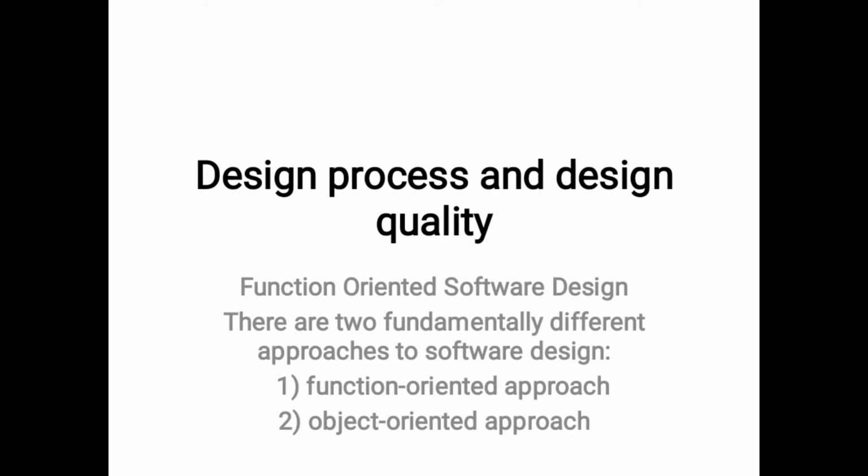For this topic, you need to cover object oriented software engineering, which is nothing but UML, Unified Modeling Language. Based on these two approaches, you are going to do the design process and design quality of the project.